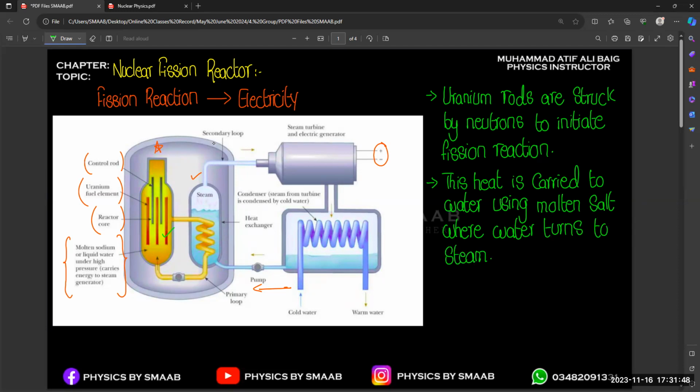And after making the steam, the next process, you know, that steam drives the turbine, and that turbine helps to generate the electricity, right?